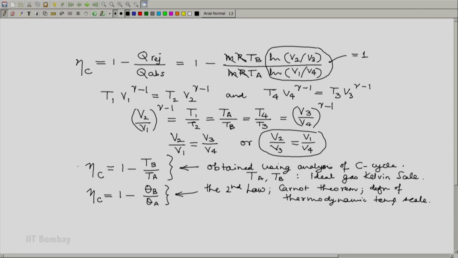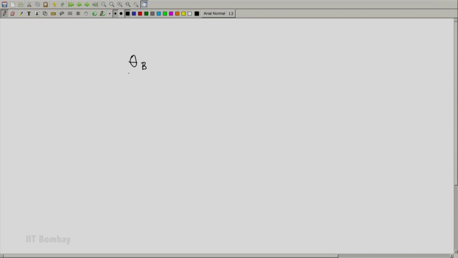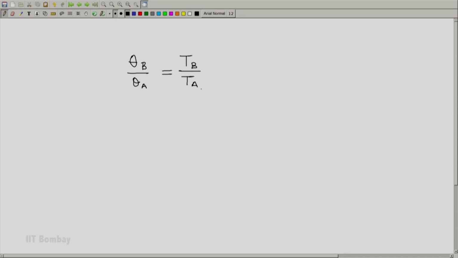So what we have been able to show using this expression? We have been able to show that theta B/theta A equals TB/TA. That means the ratio of temperatures pertaining to two isotherms is the same whether the two temperatures are measured on the ideal gas Kelvin scale, which is the right hand side of this expression, or the thermodynamic Kelvin scale, which is the left hand side of this expression.